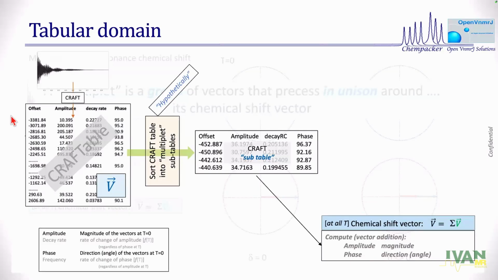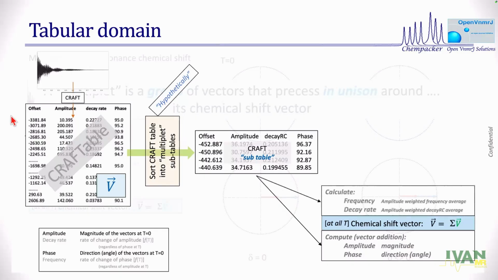So if I have that table, I can compute. I have 4 vectors that I represent. I can compute the magnitude of the chemical shift vector. I can compute the frequency. It's actually even easier than trying to do it a point at a time, because it's an amplitude weighted frequency average, or the decay rate constant will be an amplitude weighted decay rate constant, or T2 star, and I get what I want about the chemical shift vector of that multiplet, of that subtable.